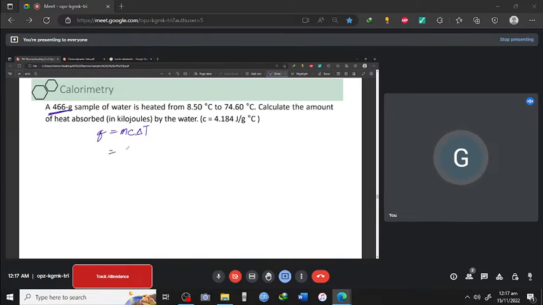Now, we input all the values. So, that is 466 grams multiplied by specific heat of water, which is 4.184 joule per gram degree Celsius.